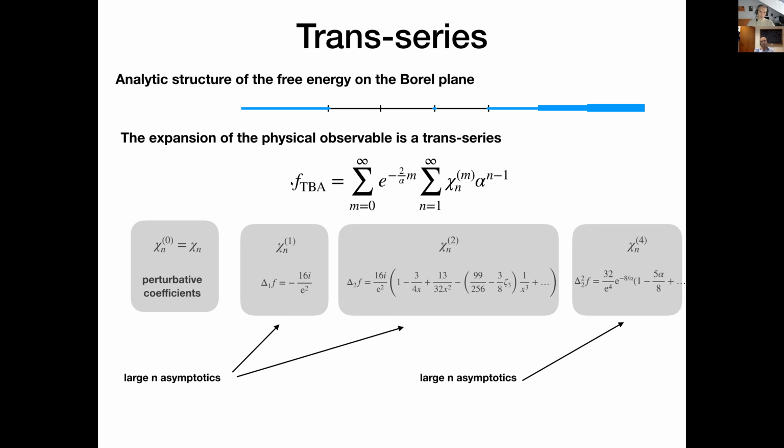So the physical quantity is the original perturbative expansion, plus we have some exponential factor times another perturbative expansion, and then we have higher and higher order exponential terms, and they are related to each other such that if you calculate the usual perturbative coefficients, then the large N asymptotics will tell these other pieces, other sectors, and then if you calculate the asymptotics of these other sectors, it will tell you the perturbative expansion of the next terms.